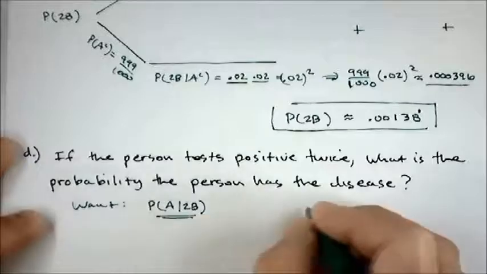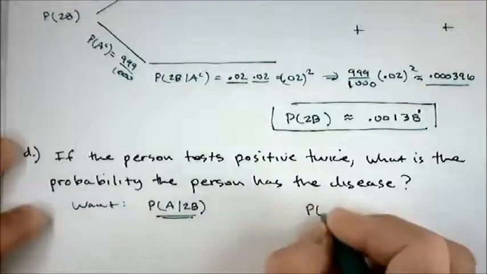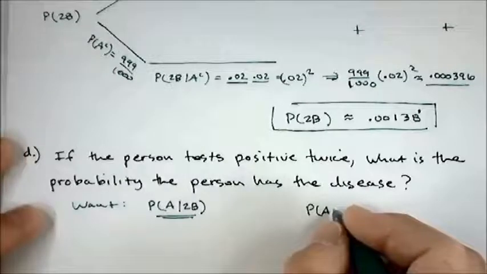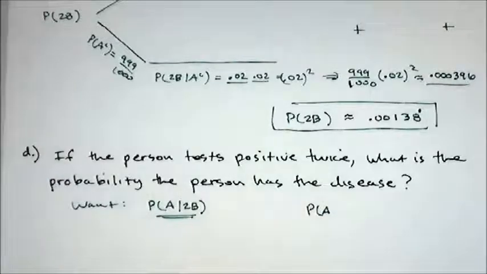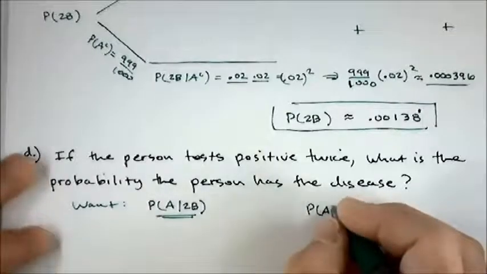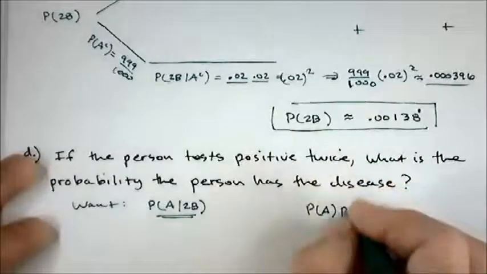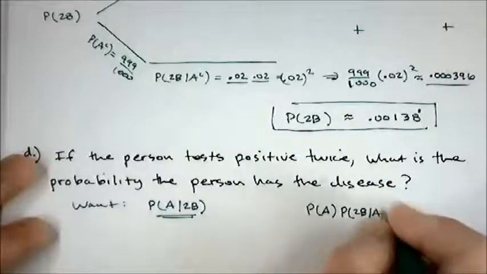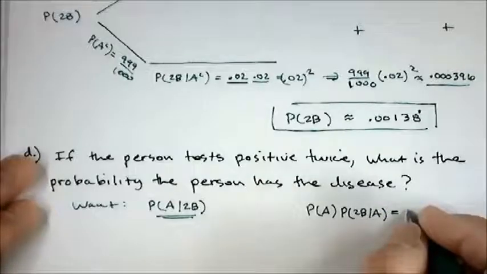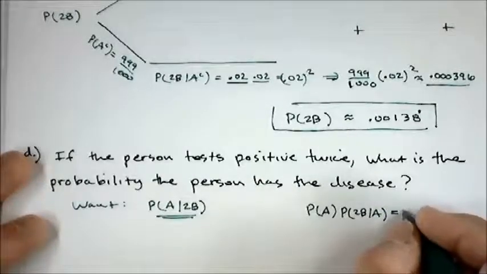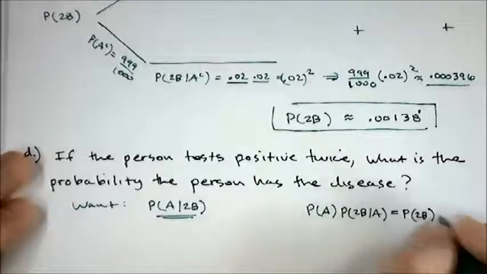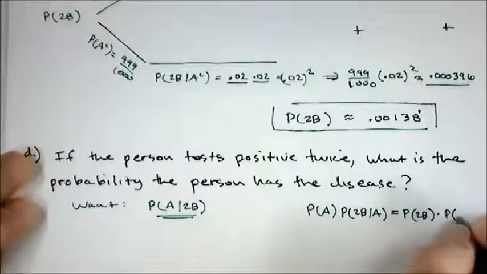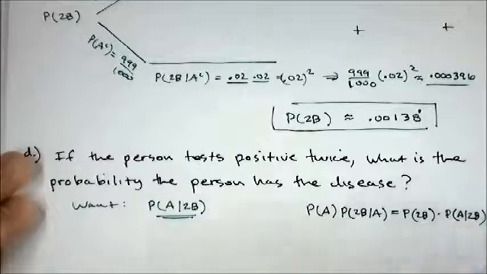And so off over to the side, what I would do is I would say the probability of A times the probability of testing positive twice, given that they have the disease, should be the same as the probability of testing positive twice times the probability that they have the disease, given that they tested positive twice.